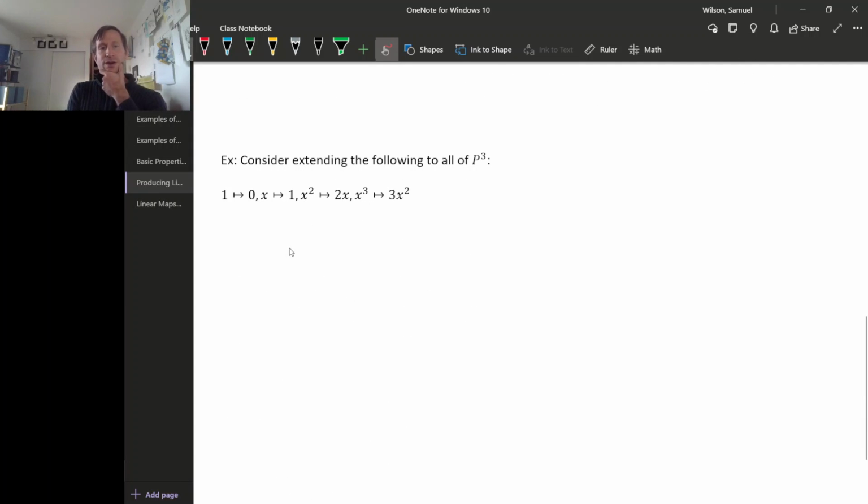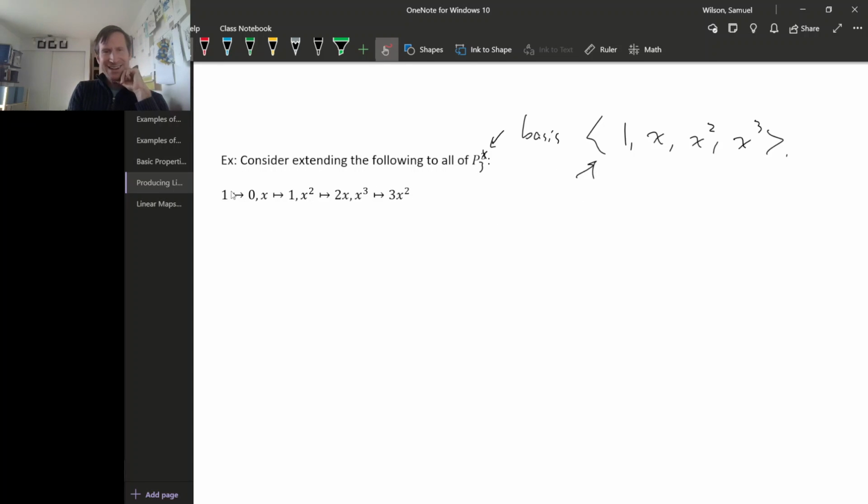So here is a function on P3, where this should be a subscript, not a superscript. For P3, we have a nice basis. There are, of course, many bases for P3, but one nice one that we've used in the past is 1, x, x squared, x cubed. So we can define a homomorphism on all of P3 just by saying what each of these vectors does.